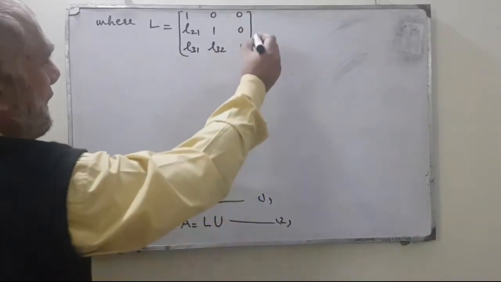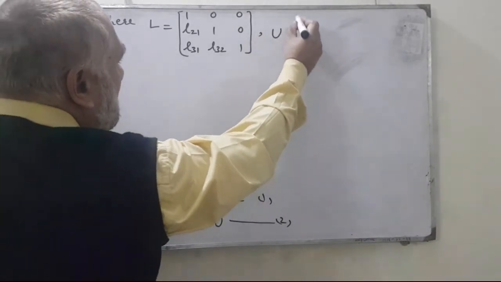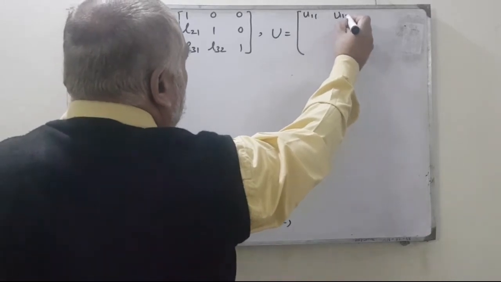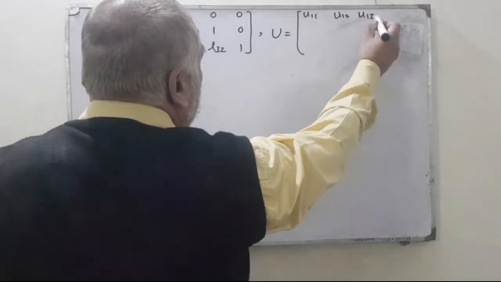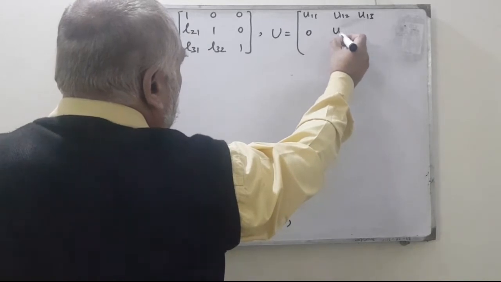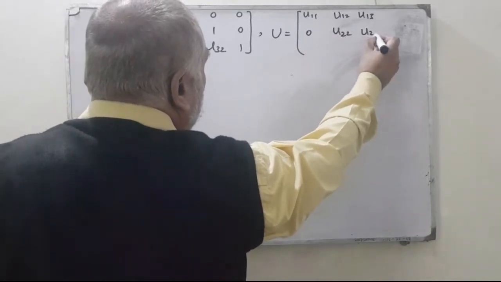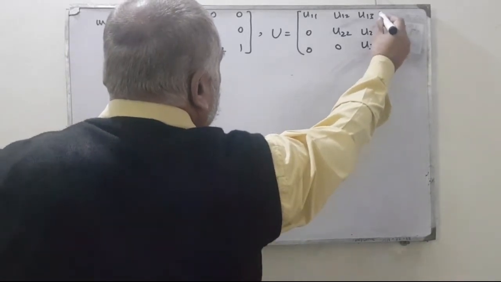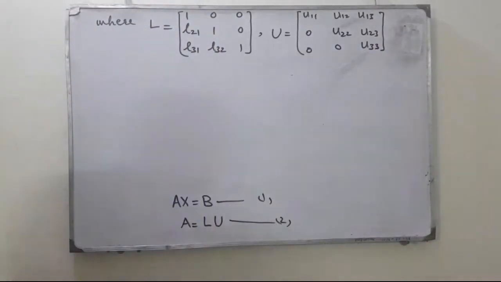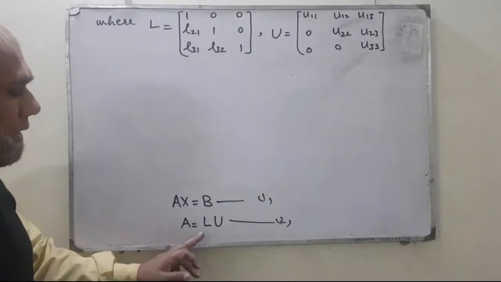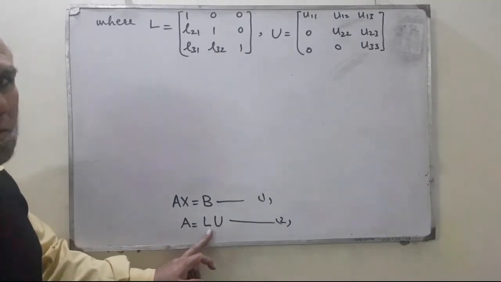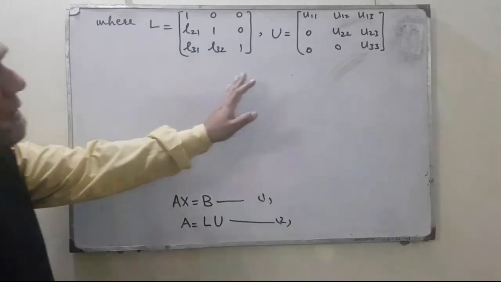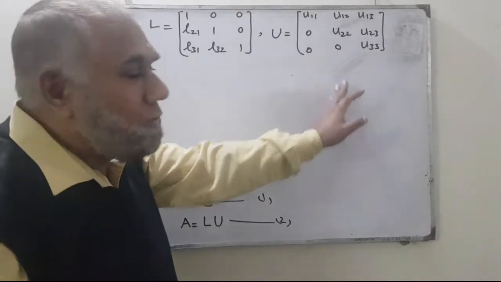This is your matrix L, and parallel to it we have the upper triangular form U: U11, U12, U13, 0, U22, U23, 0, 0 and U33. So we can decompose A into the product of the two matrices L and U, where L is unit lower and U is the upper triangular form.